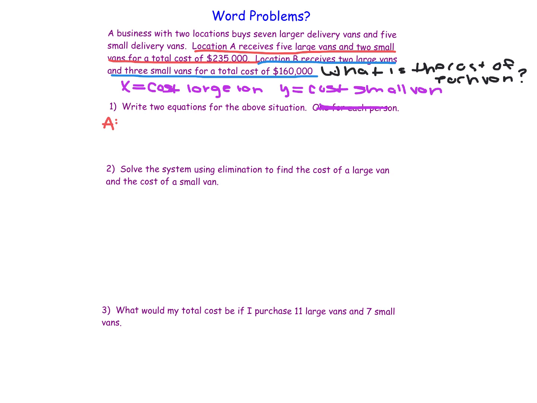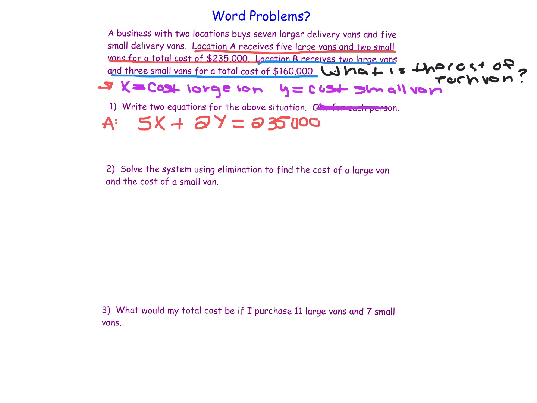So location A, what I see is that location A receives 5 large vans. So my equation for location A is going to be 5 times X. So I have 5 large vans times the cost of a large van plus 2 small vans times the cost of a small van, which is Y, is equal to $235,000.